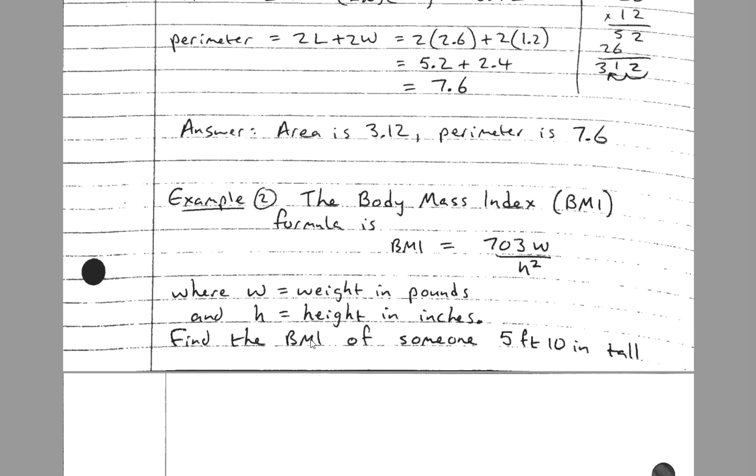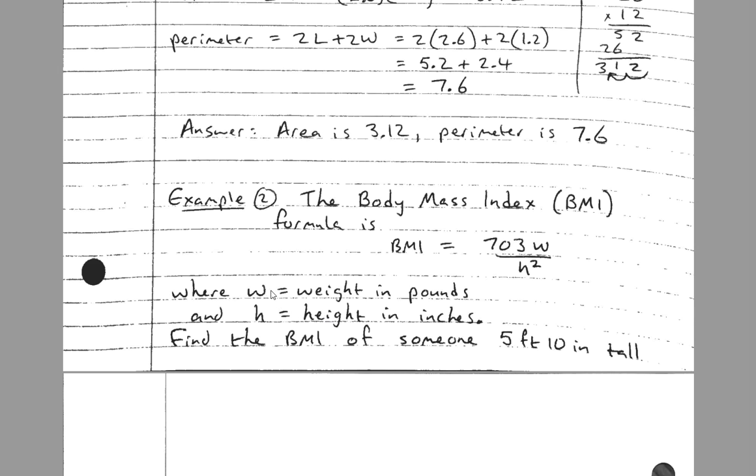Here's a more complicated formula. You might have heard of the body mass index, BMI. So you can calculate this to see if someone has the right kind of weight range, not too heavy, not too light. Okay, so the formula for the BMI, it's usually in kilograms and meters, but here's the imperial version.